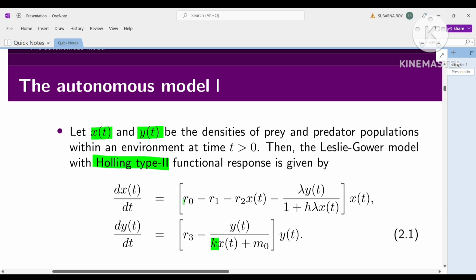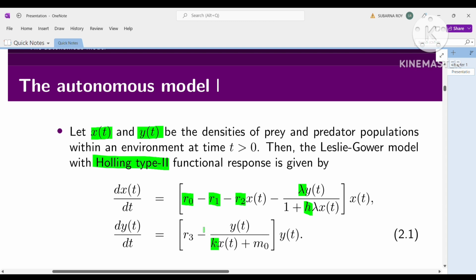So here r0 is the per capita birth rate of prey population, r1 is the per capita death rate of prey population, r2 represents the strength of interspecies competition among prey population, and this is the Holling type 2 functional response. Lambda x(t) by 1 plus h lambda x(t) is the Holling type 2 functional response, where lambda is the encounter rate of prey population by predators, h is the handling time, and x(t), y(t) are the density of prey and predator population.